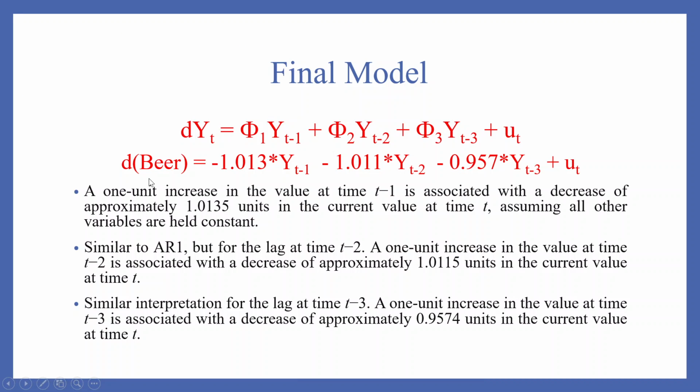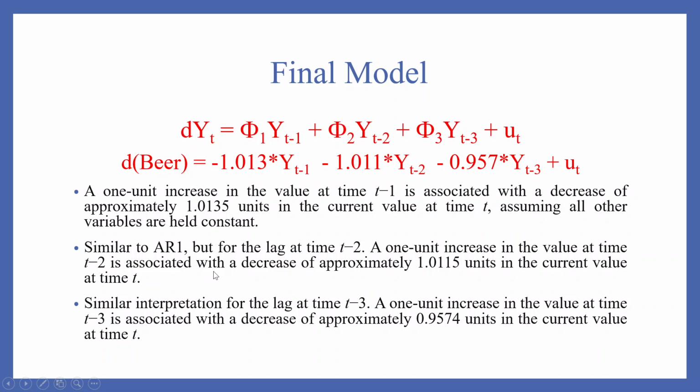So what will be the interpretation? A 1 unit increase in the value at time t-1 is associated with a decrease of approximately 1.0135 units in the current value at time t, assuming all other variables are held constant.